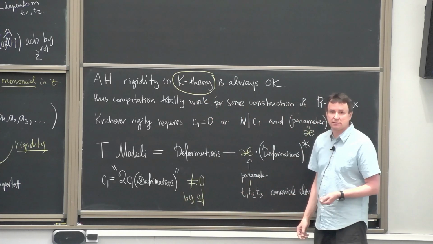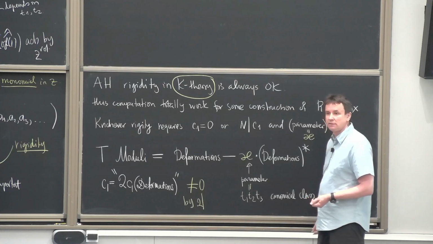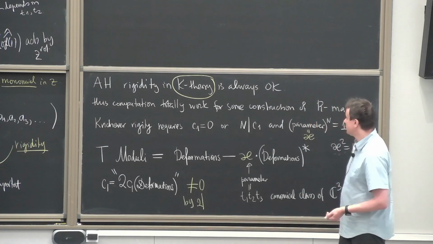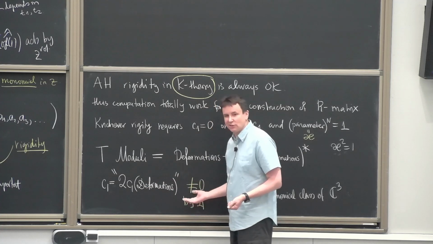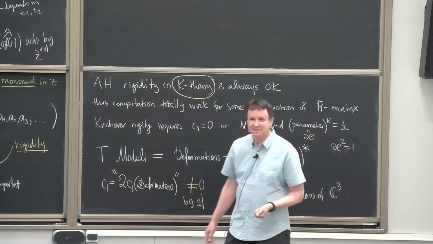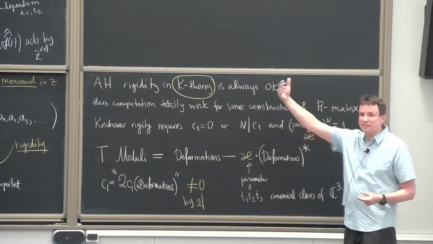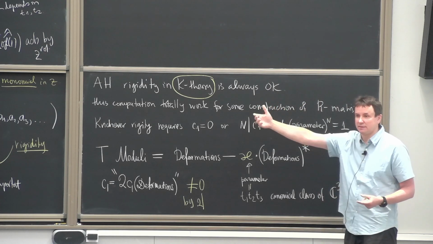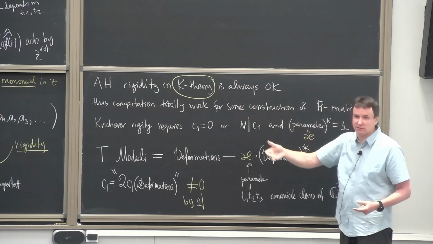Any questions? But this space is certainly not equal to 0. So in Nikita's situation, his moduli space to begin with was symplectic. In particular, its first Chern class is 0.